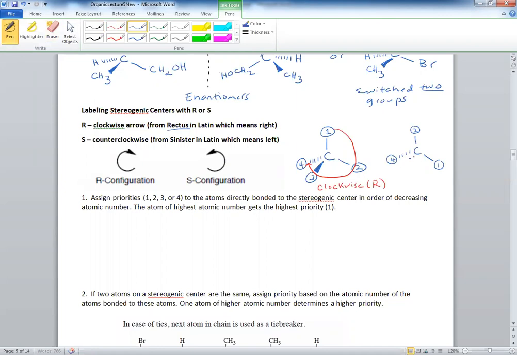Again, just giving you an example. Not every example is going to look like this, but the concept is you draw your arrow. So now it goes from 1 to 2 to 3, clockwise or counterclockwise. So this is counterclockwise, which is what we call an S configuration.